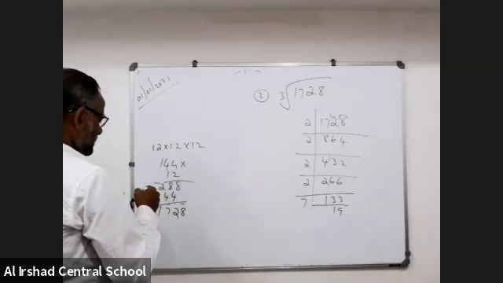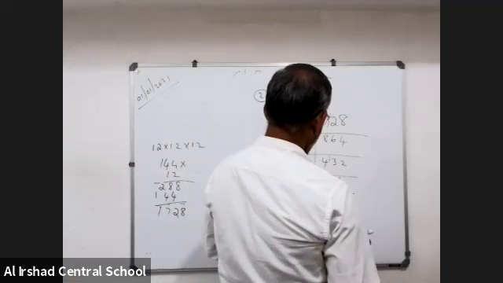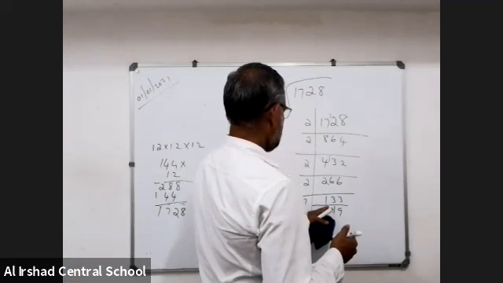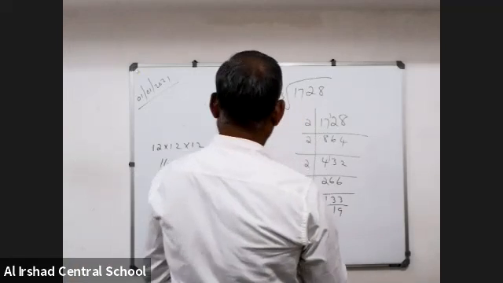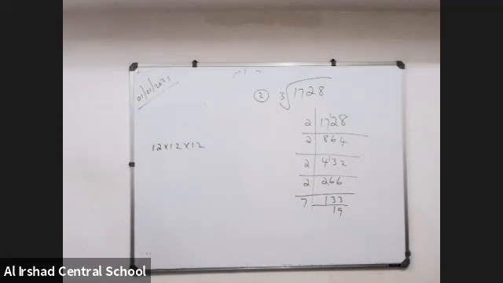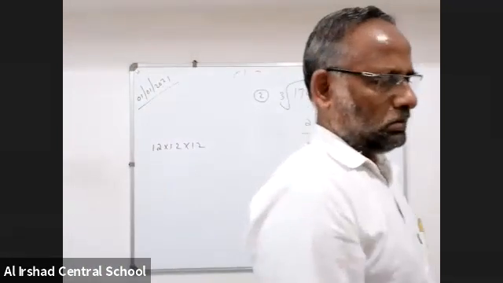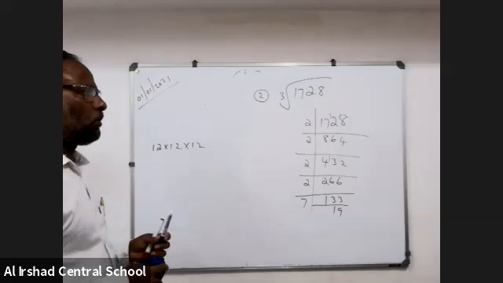Multiply 12 into 12 into 12. What answer are you getting? 1728.